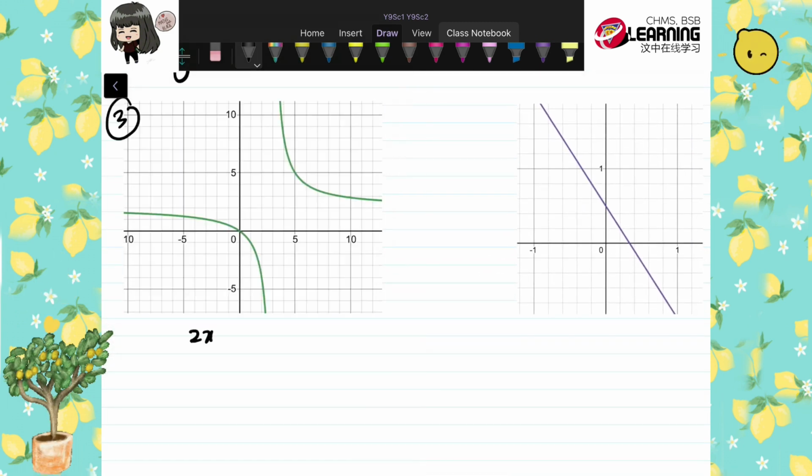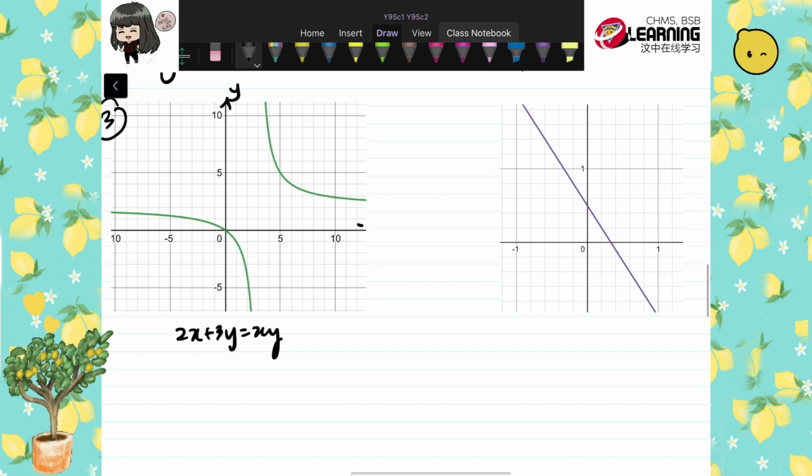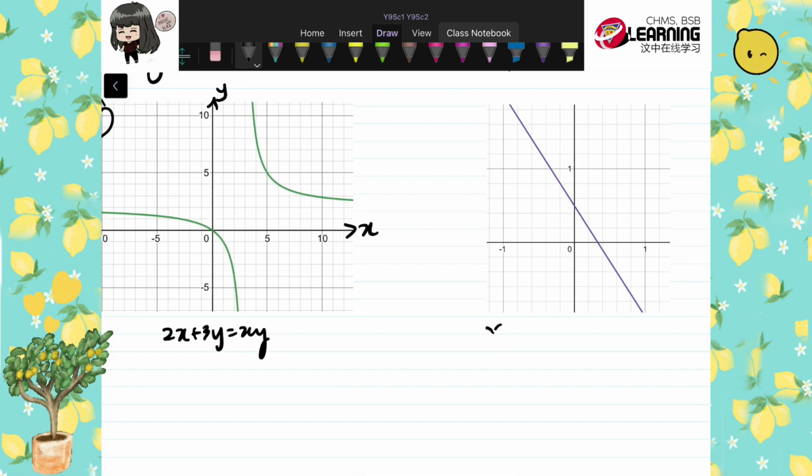This is basically your 2x plus 3y equals to xy. So this will be a normal non-linear graph. Okay, if your y and your x remain y and x. If you want to convert, so just now we already convert, your big Y is 1 over Y, your big X is 1 over X, right? And your gradient is negative 3 over 2, and your C is 1 over 2, correct?